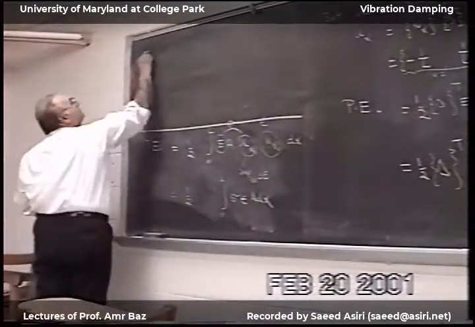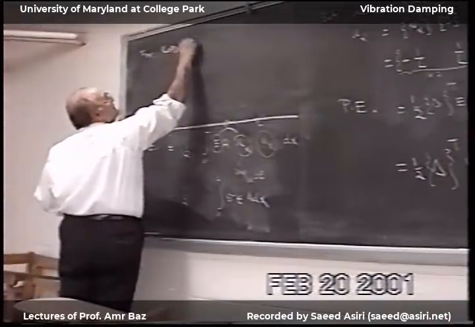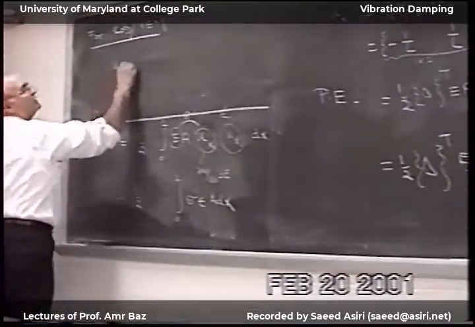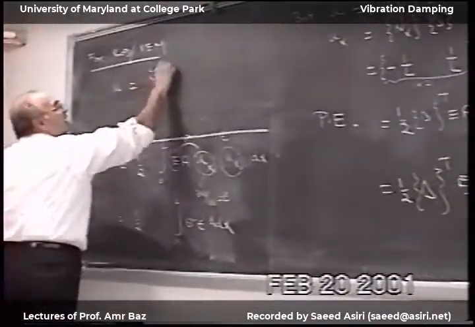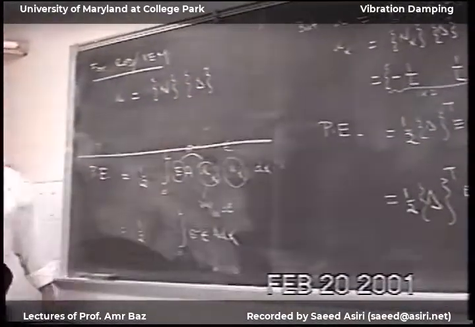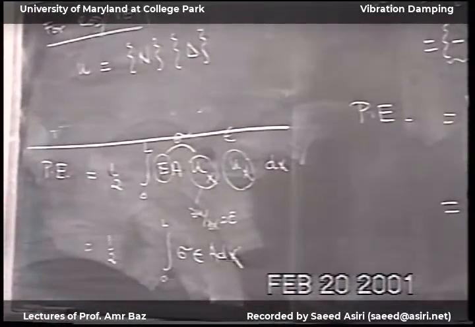So now, for the rod with VM, I can also write U as M and delta. Delta is U at I and U at J. When I pull, this material is bonded to the structure.